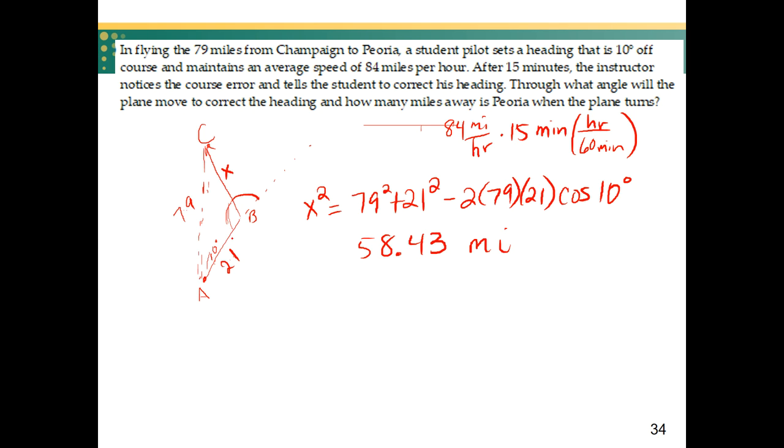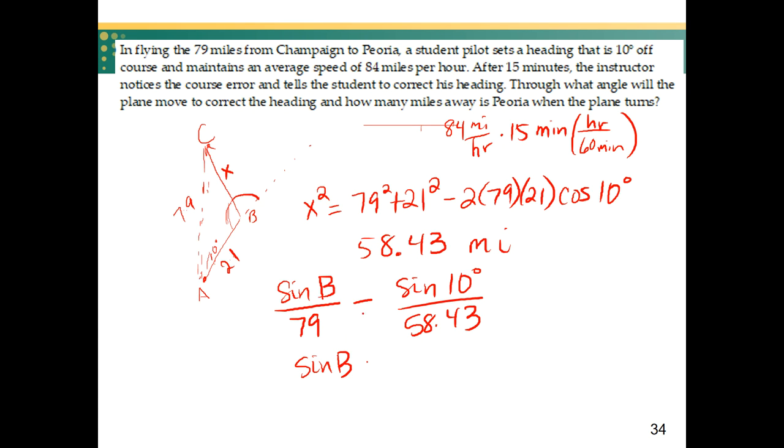So we need this angle here. We've got a partnership now, a single partnership, and we want an angle, so we're going to do sine of B over b equals sine of A over a. So sine B equals 79 sine of 10 over 58.43.